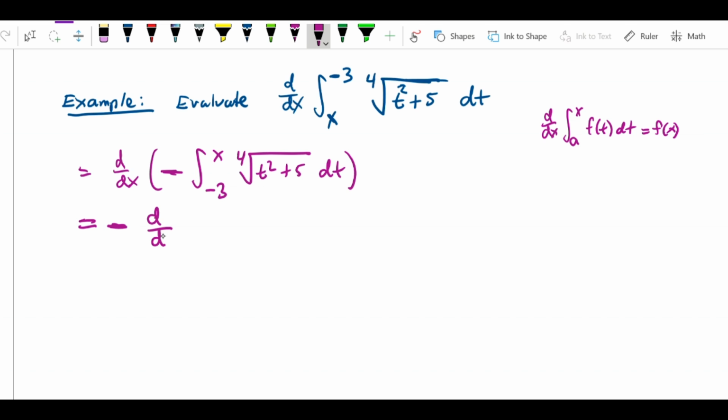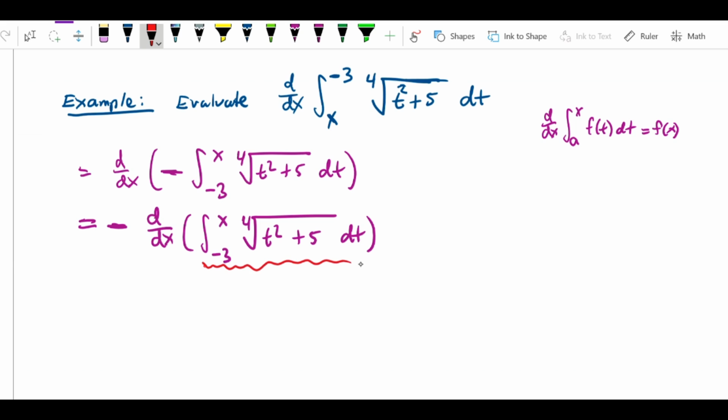That's going to be negative d over dx of the integral from negative 3 to x of the fourth root of t squared plus 5 dt. And now I finally have exactly the type of expression that the first fundamental theorem of calculus can help us evaluate.